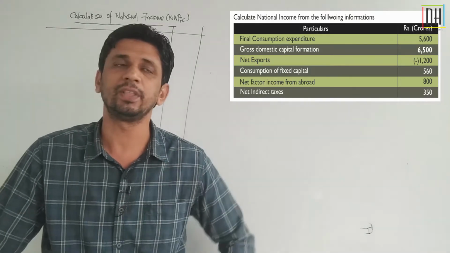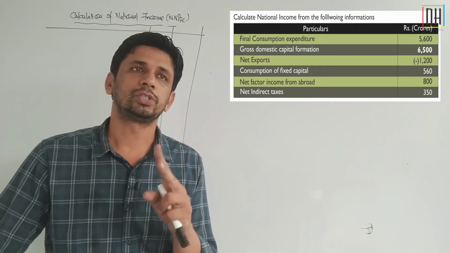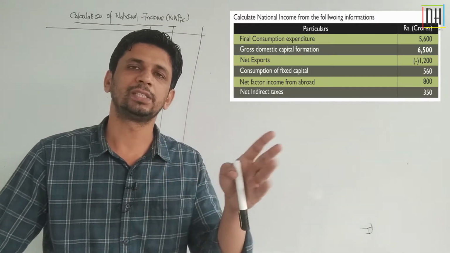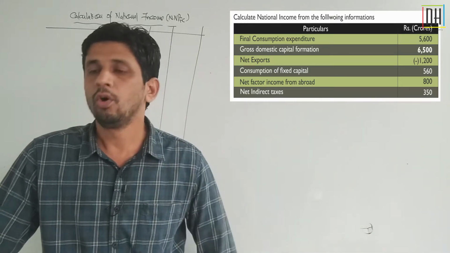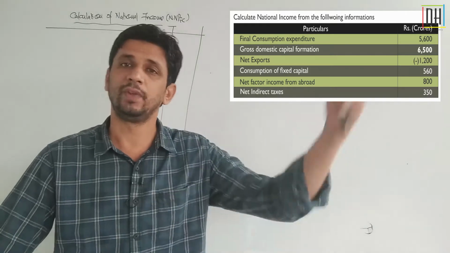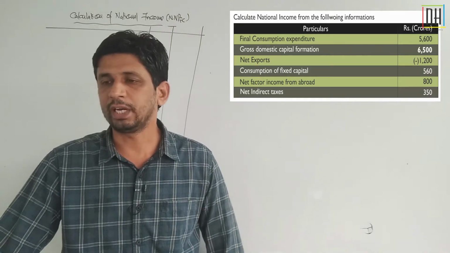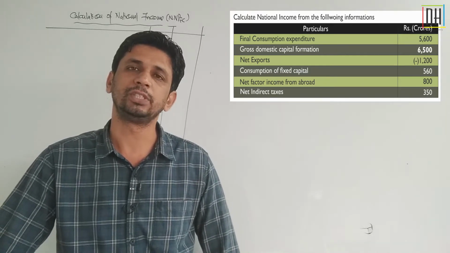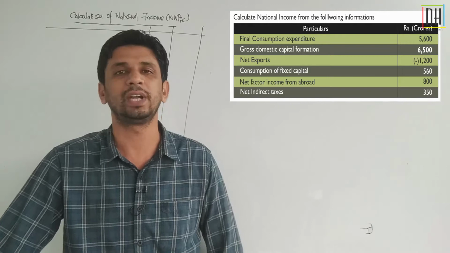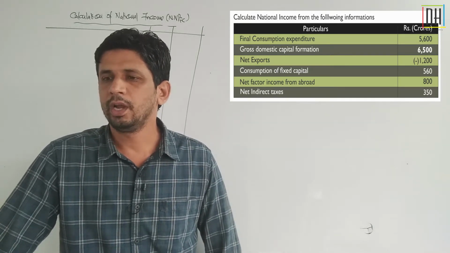The heading itself is given, so it is assumed that both gross domestic fixed capital formation and inventory investment are included in it. If they are given separately, we will ignore that. Third is net exports. After that, consumption of fixed capital, which is a terminology used for depreciation, a synonym of depreciation. Then net factor income from abroad and net indirect taxes.